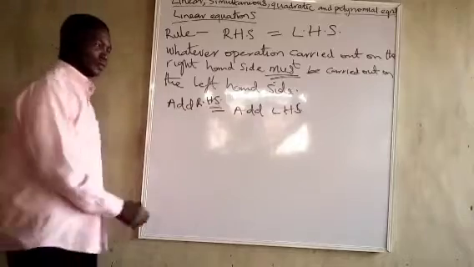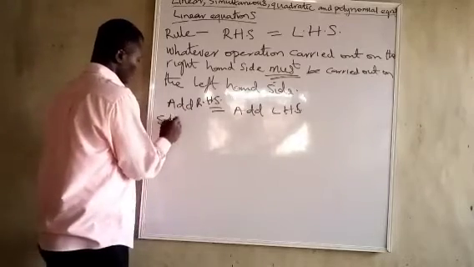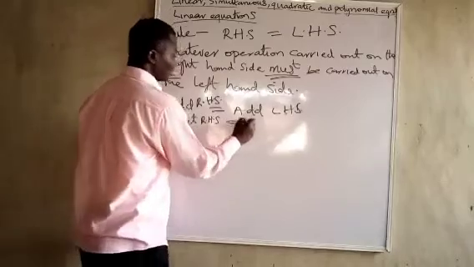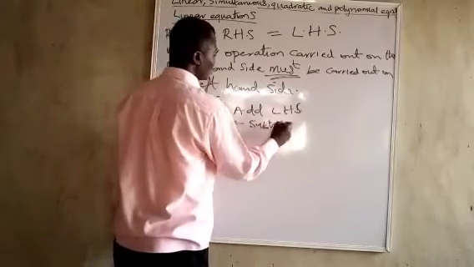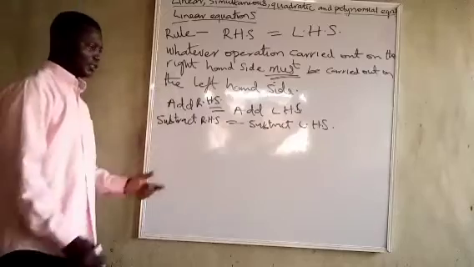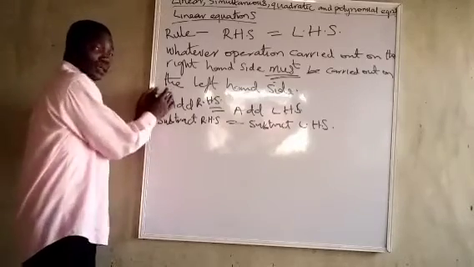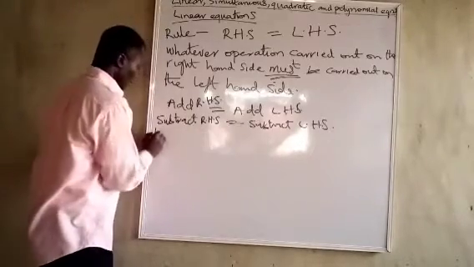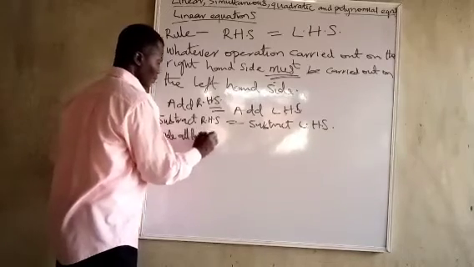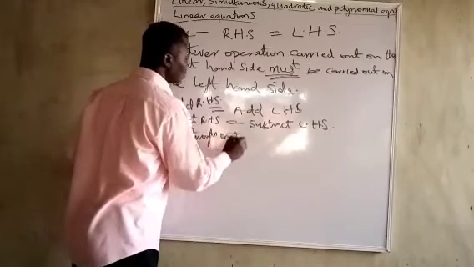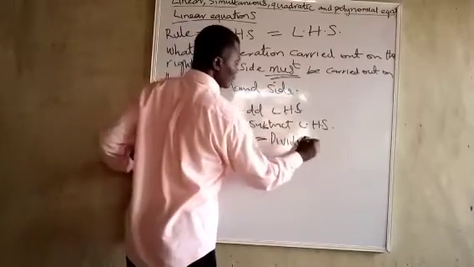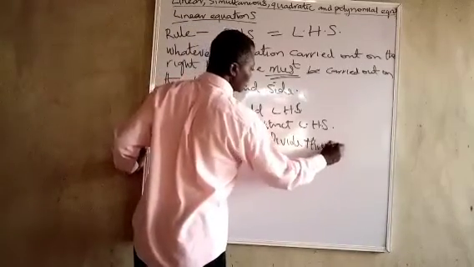If you subtract anything from the right hand side, you must do it to the left hand side. If you divide, you don't just divide one portion, you must divide all through on the right hand side, and you must divide all through on the left hand side.